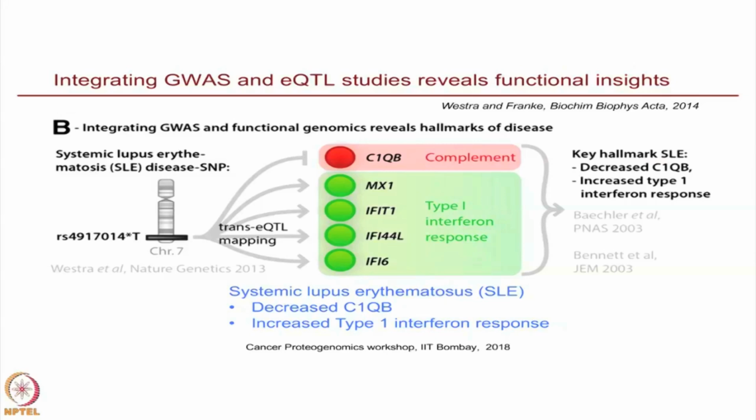So this helps them to think that maybe this SNP has an effect because it alters the expression of these genes. And the interesting thing is that decreased C1QB and increased type 1 interferon response has been a hallmark. It's already known the disease has this phenotype. But now we know which genes are mediating this impact.